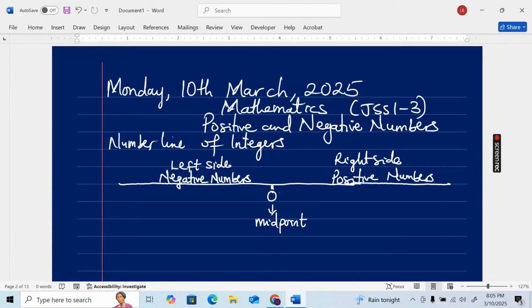Okay, so right here we have +1. So positive numbers are numbers that have the plus sign, or if you see any number that does not have any sign, the number is a positive number.